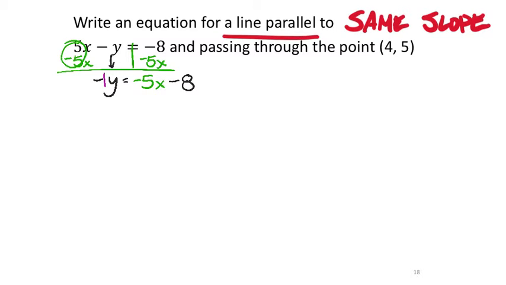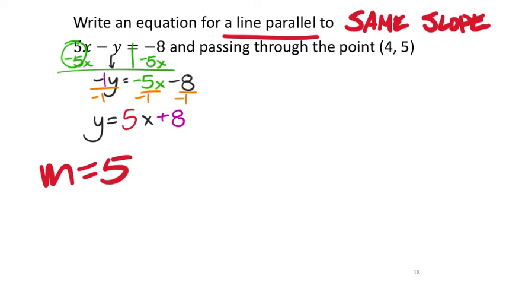Last thing here, I treat this as a phantom negative 1 and divide all the terms by negative 1. For those of you that know better, you could just say you're going to change all the signs, and that would be fine too, okay? So this then makes slope-intercept form: y equals 5x, and then really the y-intercept isn't going to make a difference for us, plus 8, okay? But the main thing here is that we see that the slope is 5.